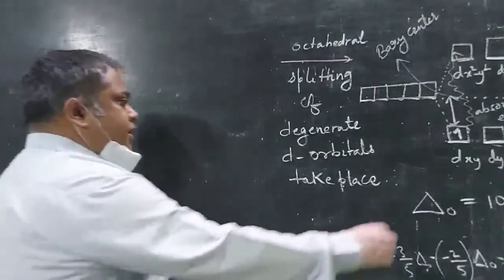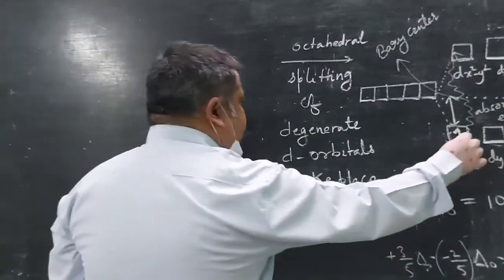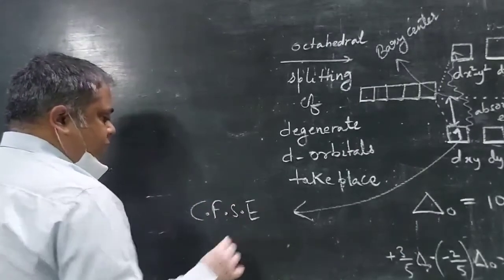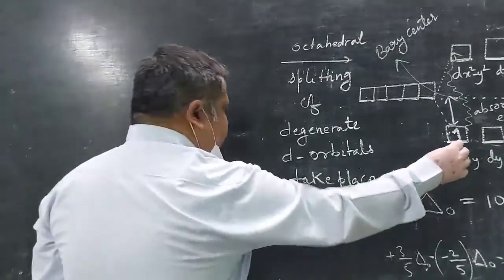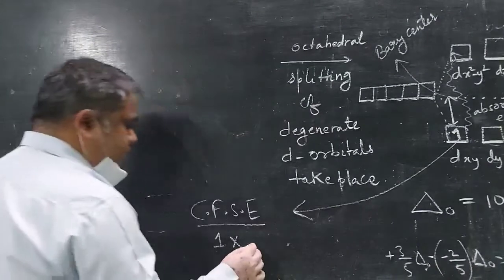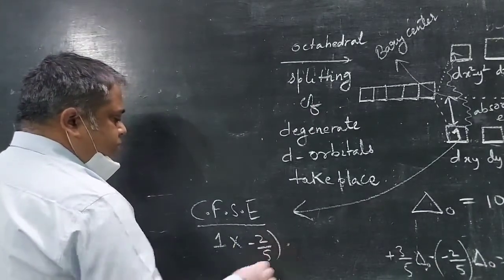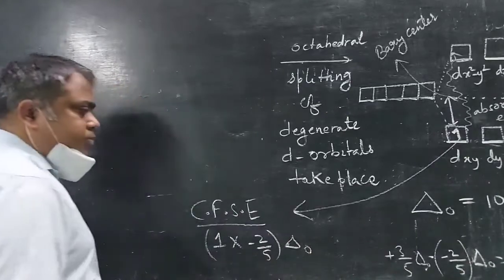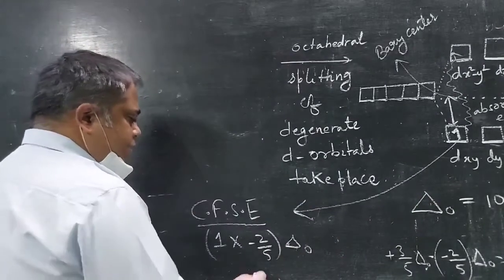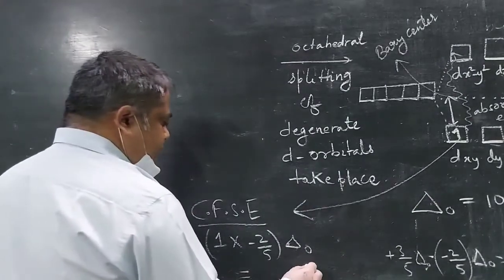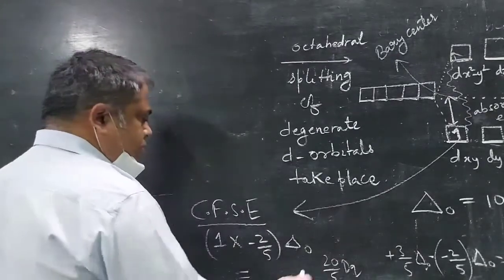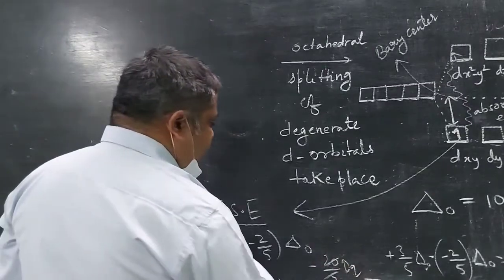So as many electrons are there, that will be its crystal field stabilization energy. To find out the crystal field stabilization energy, as many electrons are there in a particular orbital, say 1 is there, so 1 we will write, and it contributes minus 2 by 5 delta O, or in this case we can write 10 dQ, so it will be equal to minus 20 by 5 dQ, which is equal to minus 4 dQ.